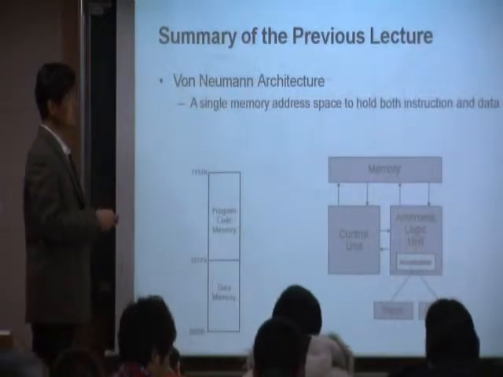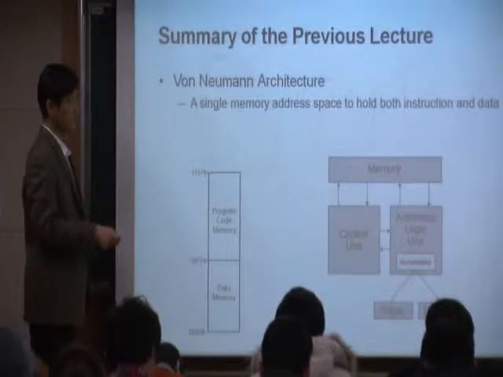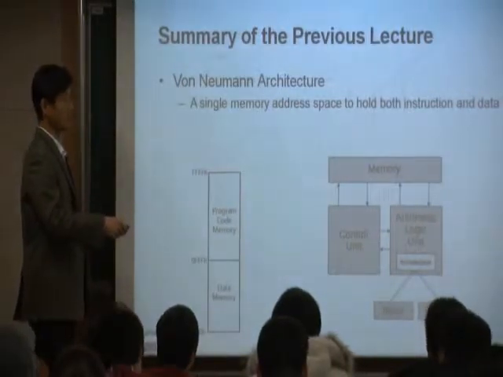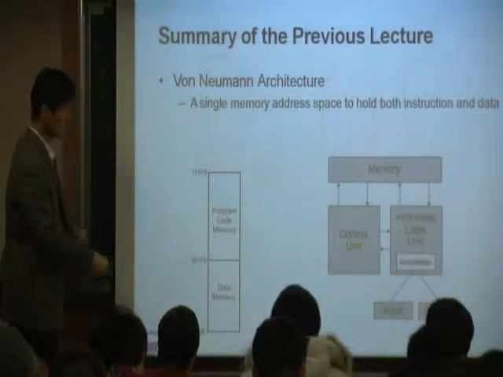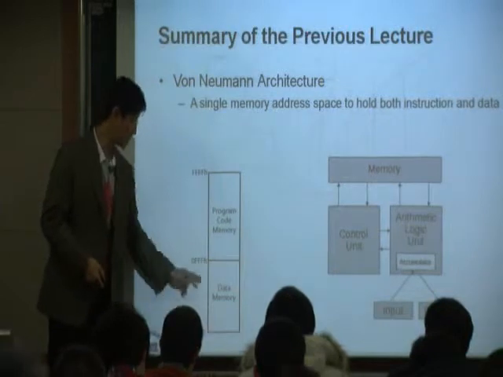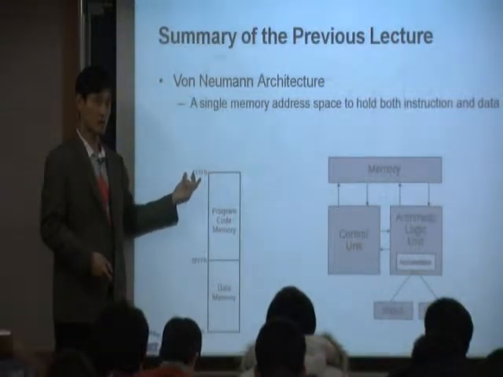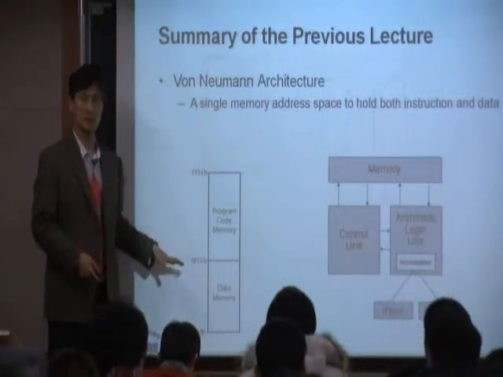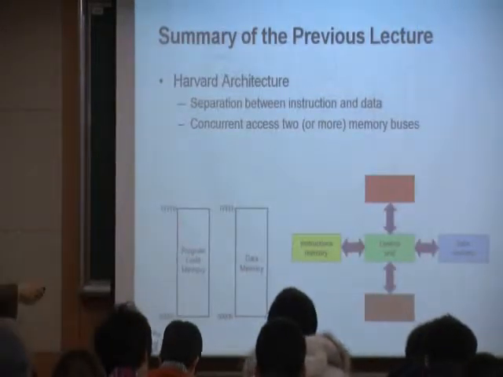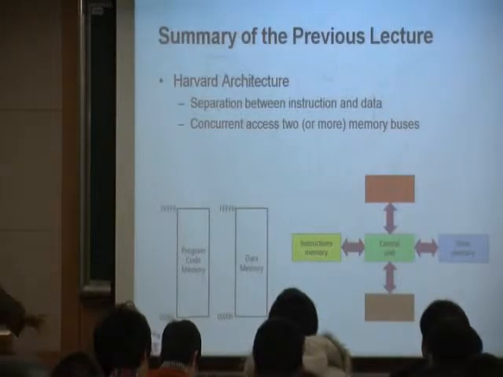okay? So von Neumann architecture has one bus. You have only one bus, and physically, you have only one memory. And inside this memory, you have this much address space, right? Address space is from 0 to FFFF, since we are thinking about 16-bit address space. Same thing, actually, for Harvard architecture here, we also thought about 16-bit address space.